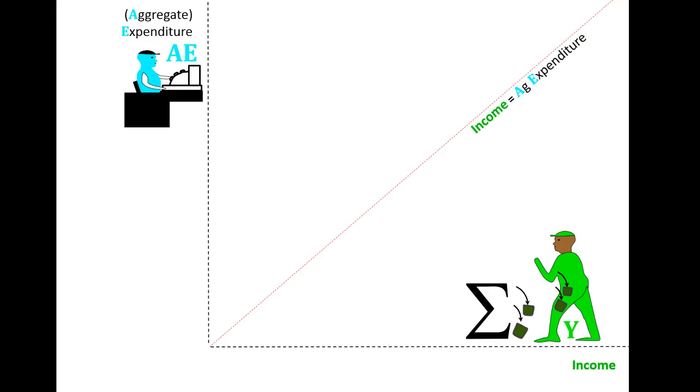So we assume that we have an initial consumption of $1, which is the initial contribution to the aggregate expenditure.